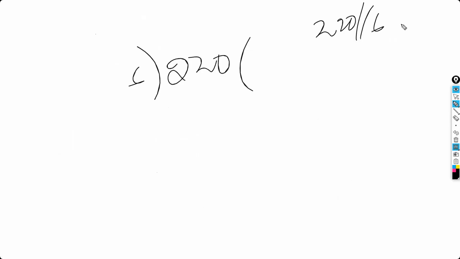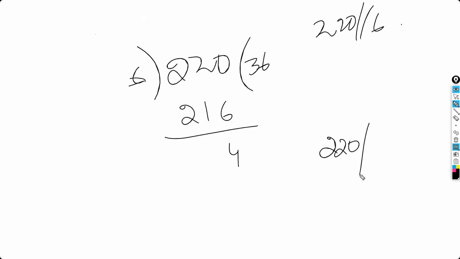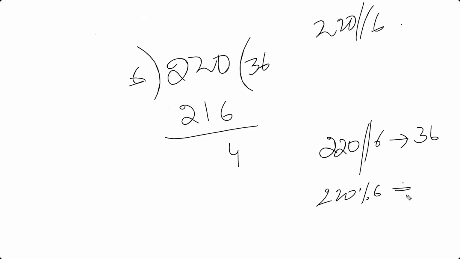So you get 36. 6 36s are 216, and you get the remainder as 4. So 220 floor division 6 gives the output 36, and 220 modulo 6 gives the output 4.